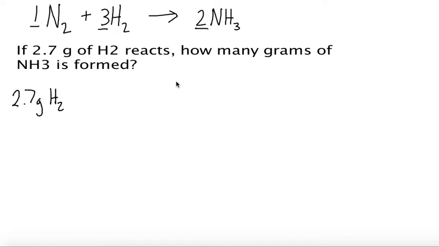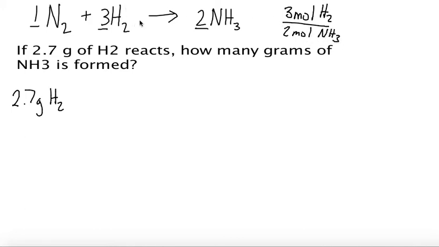Well, I don't have a conversion factor that relates those two things. I don't have a conversion factor that tells me how many grams of this for how many grams of this. The only thing that I do have is the molar ratio, so I know that there are 3 moles of H2 for every 2 moles of NH3.